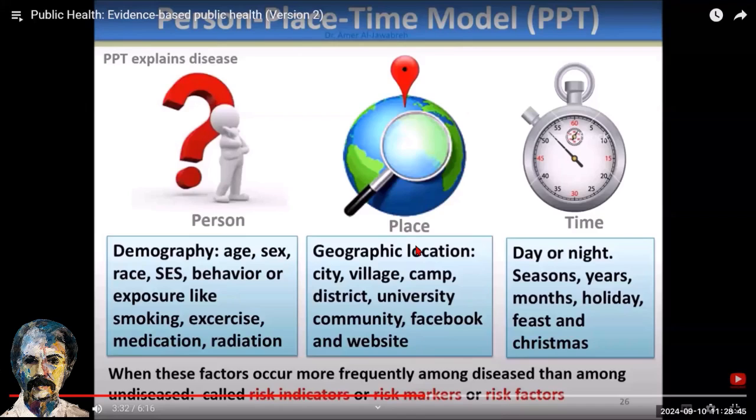These here, person, place, time, and the details under them, if they cause the disease or help the disease to exist, we call them risk factors. This is the most commonly used word. Risk markers or risk indicators are not used very much, but risk factor is the most common. What is a risk factor?